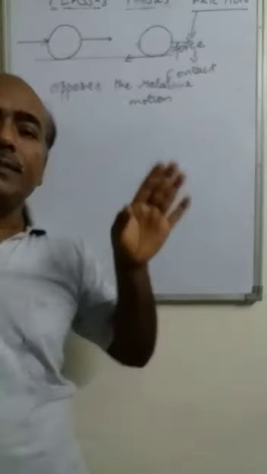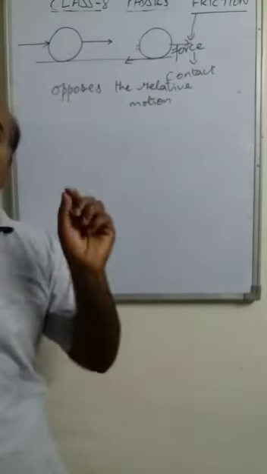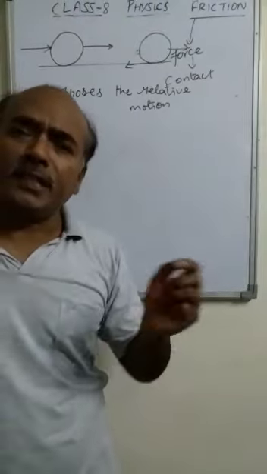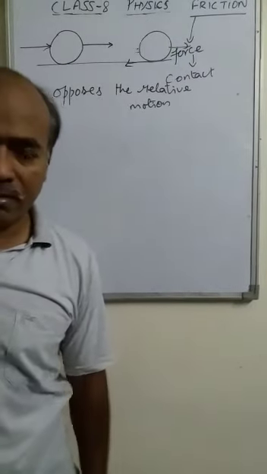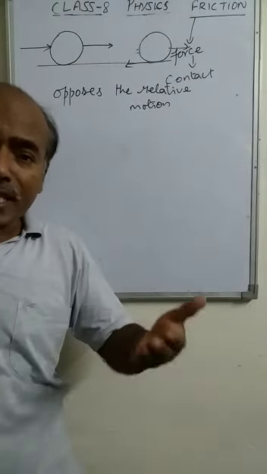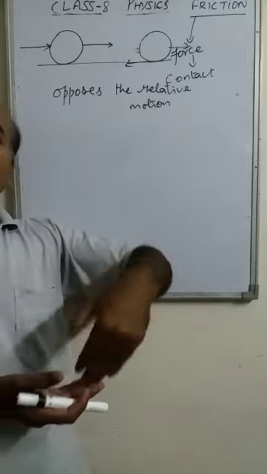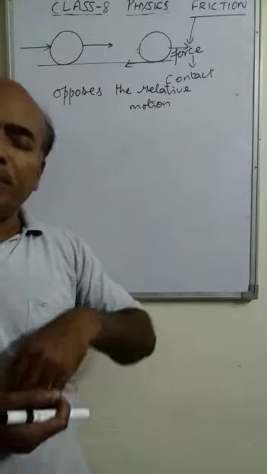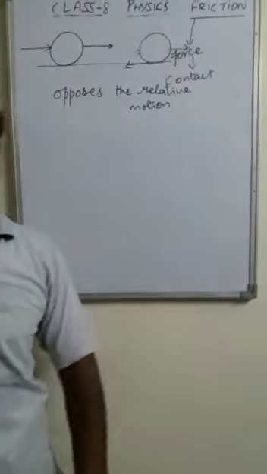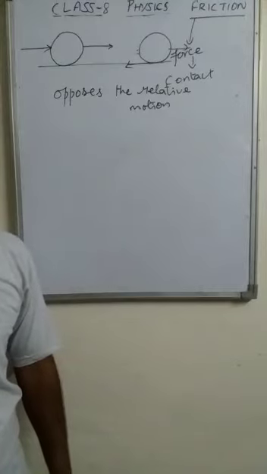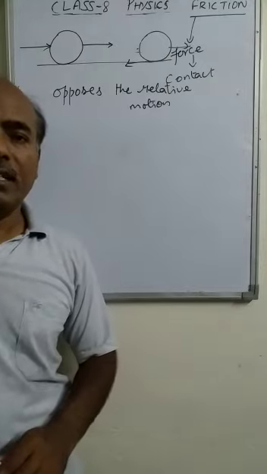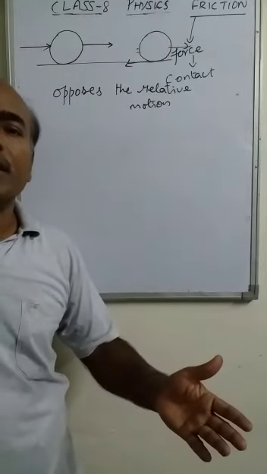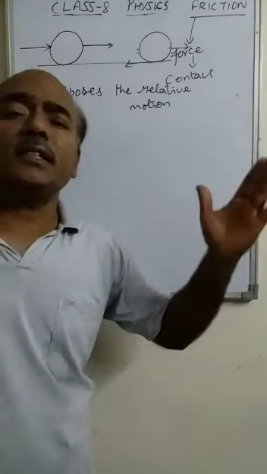But this friction has many advantages in our daily life and also disadvantages. That means friction is necessary for many of the activities in our daily life. So we consider the friction as a friend. But in some cases, friction is not necessary.